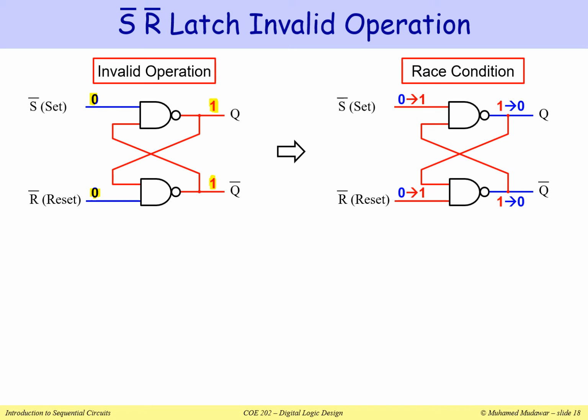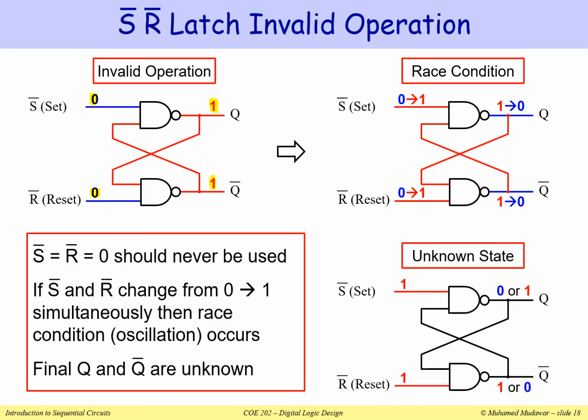So this is why we should never use S bar and R bar to be 0 and 0 at the same time. The final state will be unknown until, of course, I reset or set again. So remember that in the case of an S bar R bar latch, S bar and R bar should never be 0 and 0 at the same time because we are using NAND gates to implement this latch.